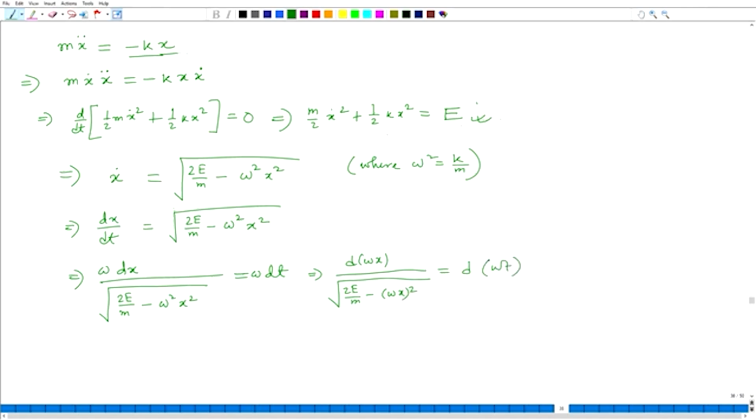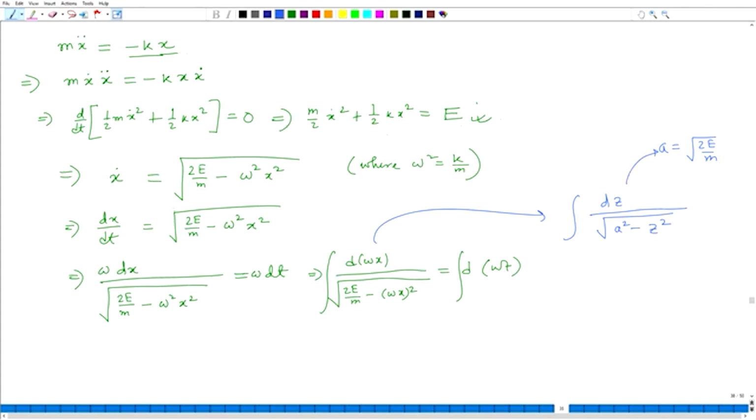Okay. I can actually integrate now, and you see this is nothing but an integration of the form dz over root a square minus z square, where a is nothing but root 2E by m.